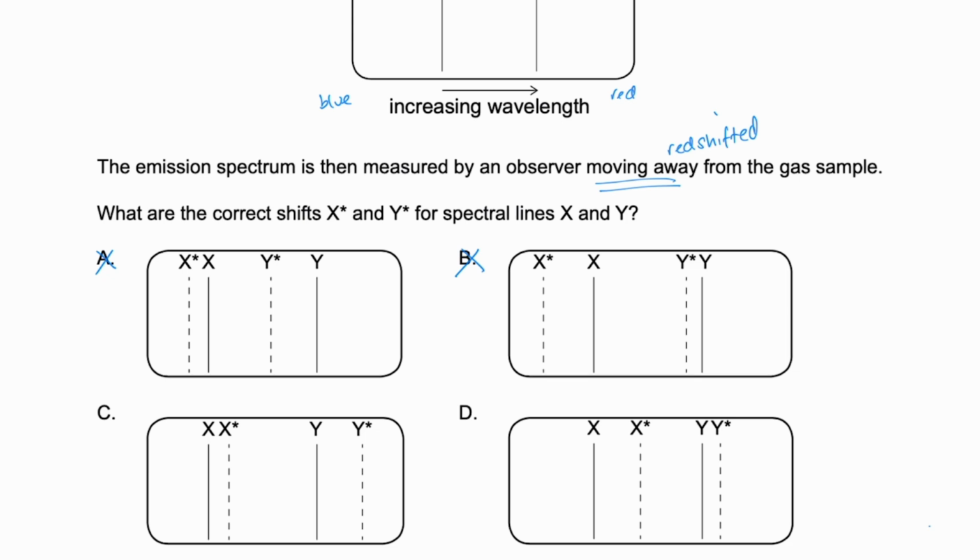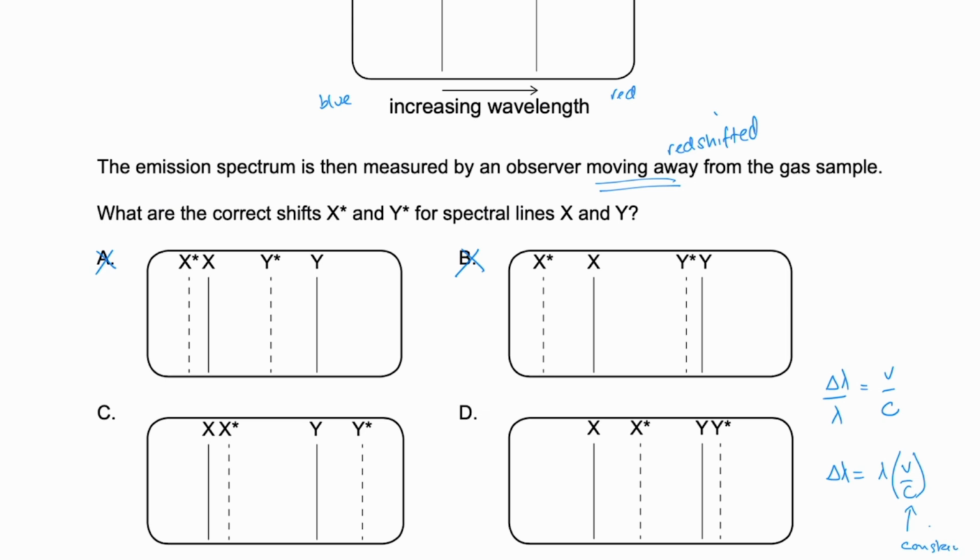Let me just take you to the formula for redshift when we're looking at electromagnetic waves. The change in wavelength is equal to the original wavelength times v over c. And assuming that it's moving away at a constant velocity, this is a constant.